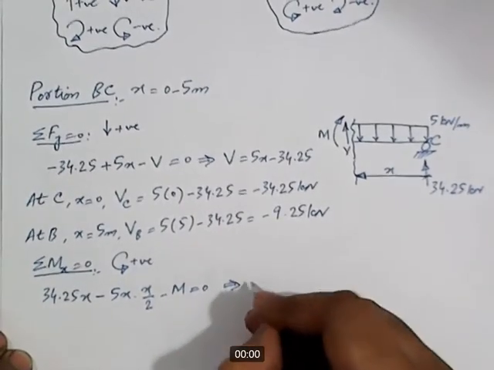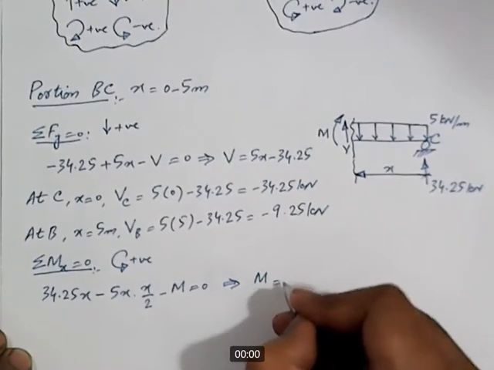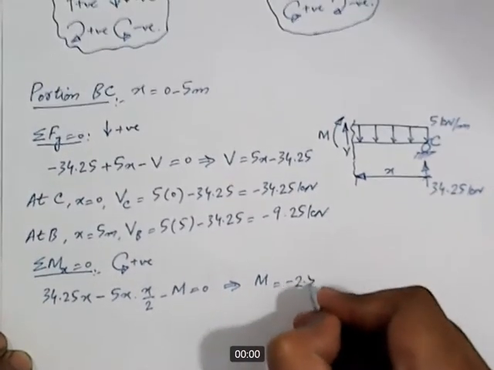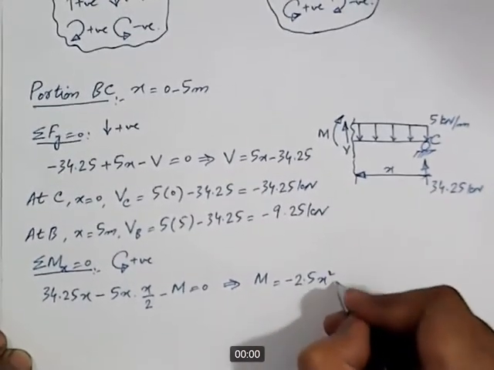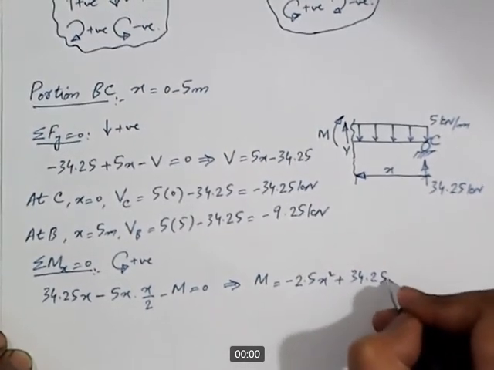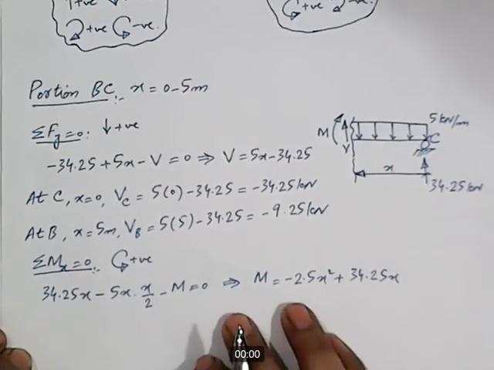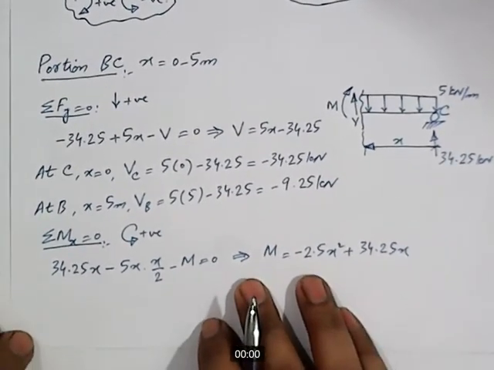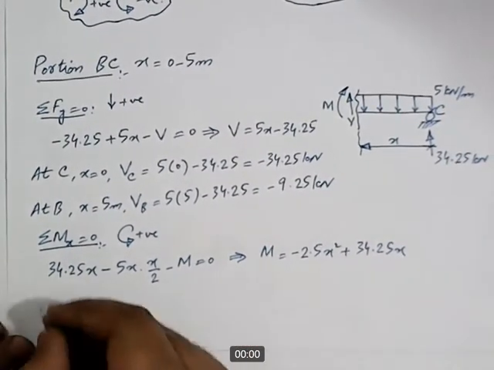Now if I rearrange this equation, I get M is equal to minus 2.5 x square plus 34.25 x. In this equation, as again x is involved, so we will calculate the value of bending moment for both the extreme points separately.